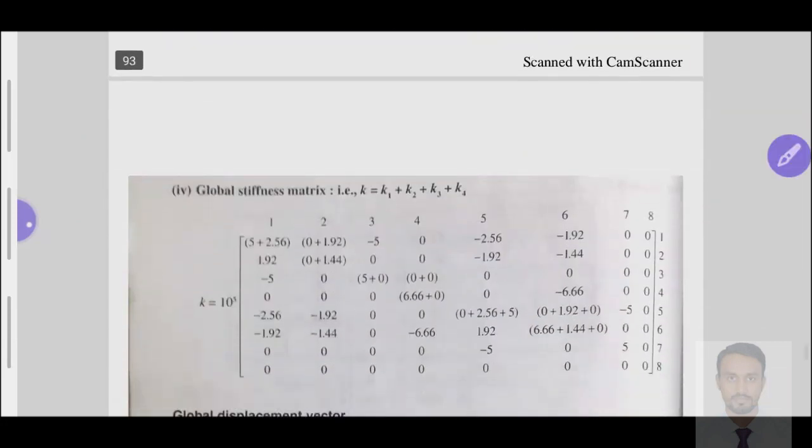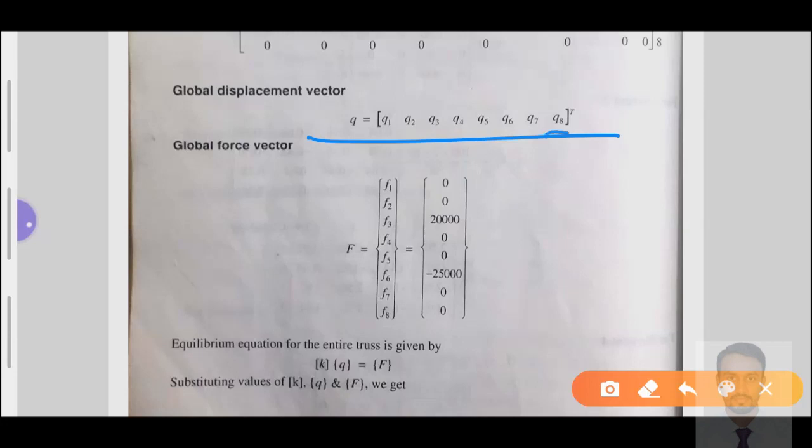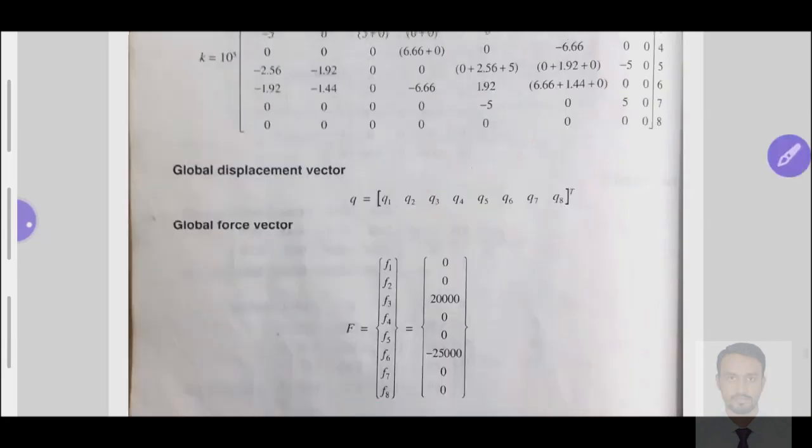Then find the global displacement vector, as I discussed in the previous problem: Q1, Q2, Q3 till Q8. Then the global force vector F1, F2, F3, F4 till F8. We have 8 forces in the given problem.